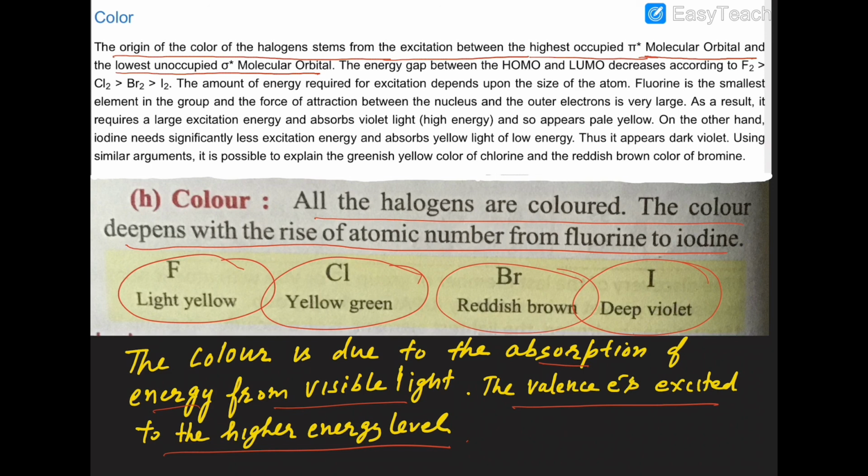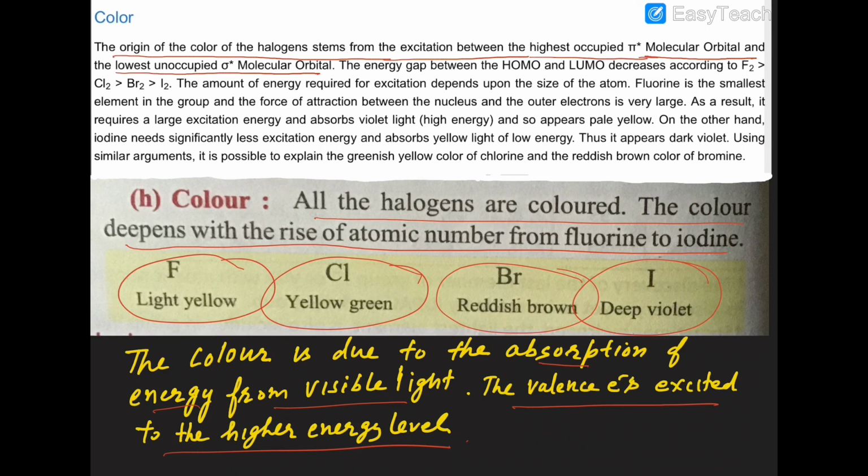In case of halogens, the electron gets excited from the occupied pi antibonding molecular orbital, and this excited electron goes to the lowest unoccupied sigma antibonding molecular orbital. So you can say that the electron gets excited from pi antibonding to sigma antibonding in the case of halogens.